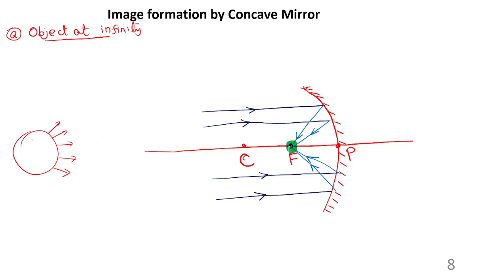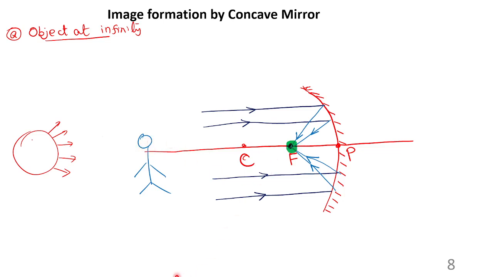Understood? If I am standing here watching the sun, the reflection of the sun looks like a dot at the focus. All the rays of the sunlight meet at the focus, so the sun looks like a point object at the focus. I can see it with my eye.